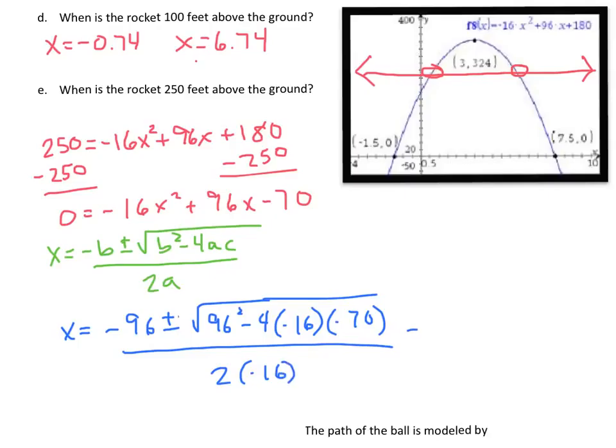And then I'll use my calculator to evaluate that. So x equals 0.849, these are rounded values, and x equals 5.15.